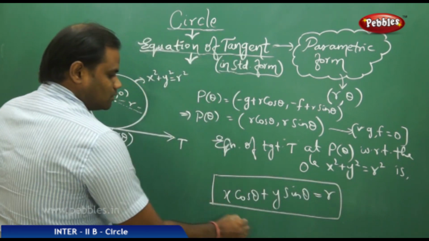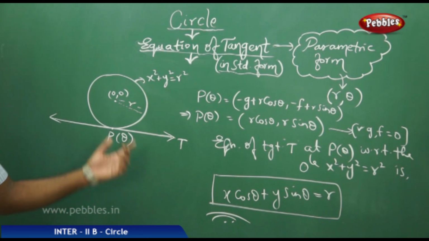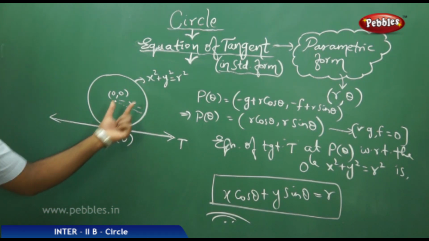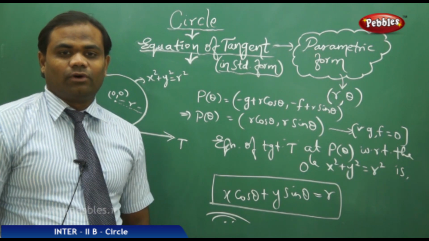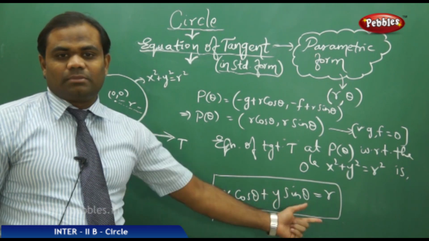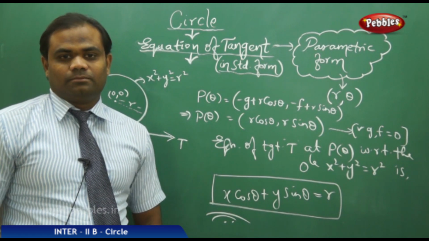This is how we understand the equation of tangent at point P(theta) for the circle x squared plus y squared equal to r squared in standard form. x cos theta plus y sin theta is equal to r in parametric form.